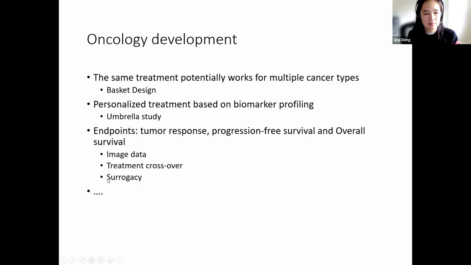So that comes to the question of whether the endpoint has a surrogacy relationship with the final clinical endpoint. Therefore, in summary, oncology development has its special challenges, but also a lot of opportunities for statisticians to work on.